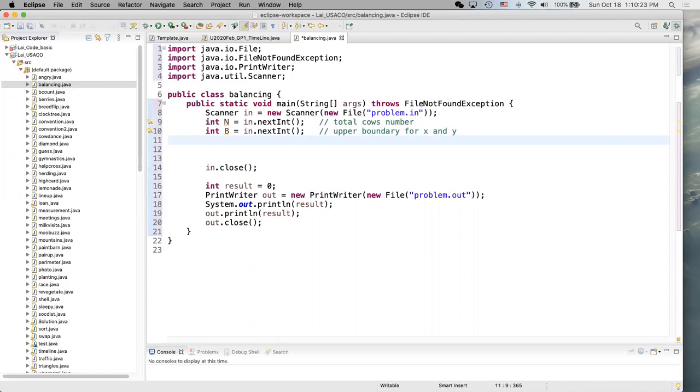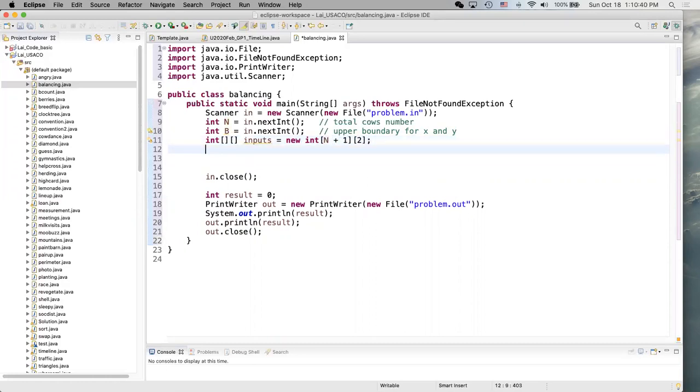You use a 2D array called inputs, starting with index 0 or index 1, whichever, just make sure it is consistent. Let's start from 1. Then record the cows, which is a boring part, so let's go ahead and deliver that.